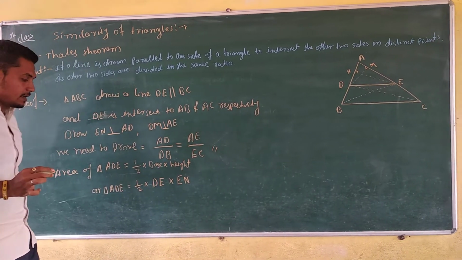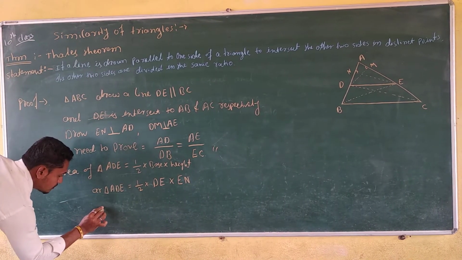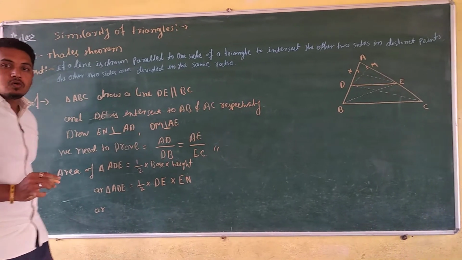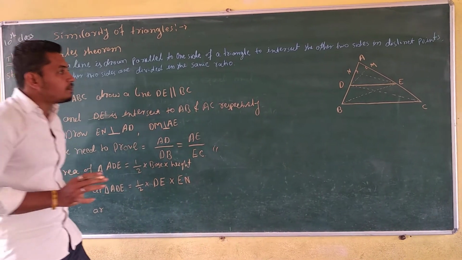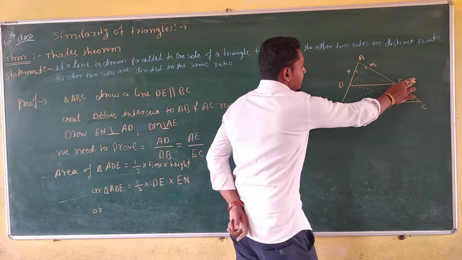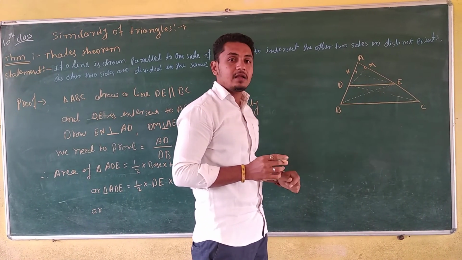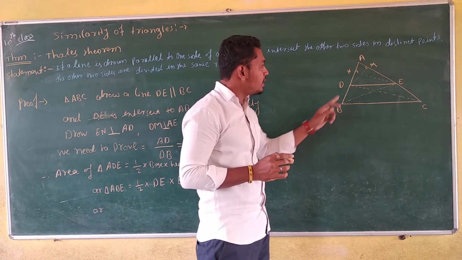So next, now we have to find the area of which triangle? DBE. Why do we choose this triangle? Why do we choose DBE?